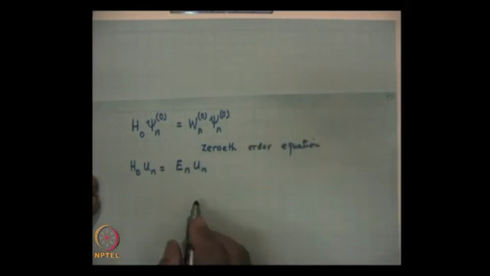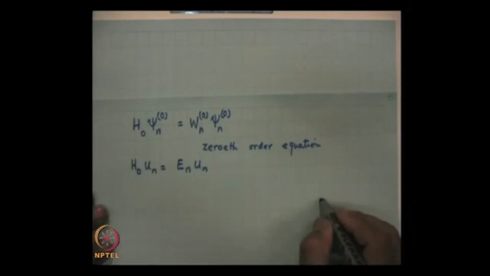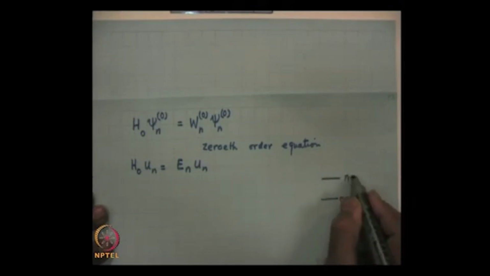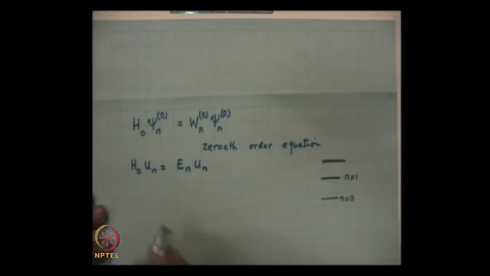So, therefore, we first consider non-degenerate states, and I will tell you the difficulty that we encounter when we consider degenerate states. So, n is equal to 0, then n is equal to 1 and so on. Each state is a non-degenerate state.